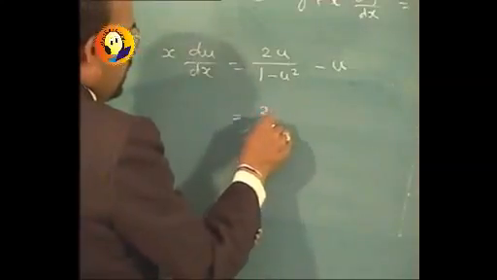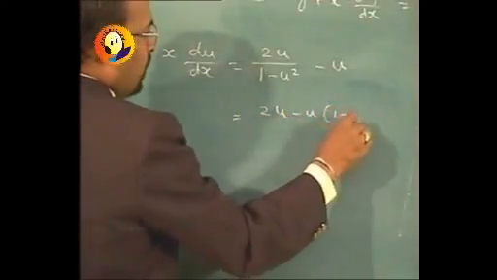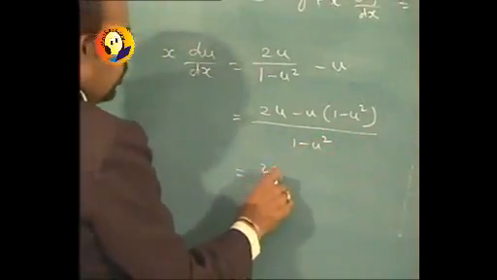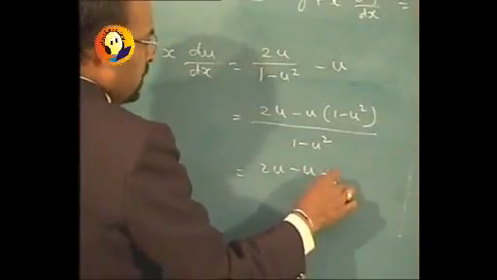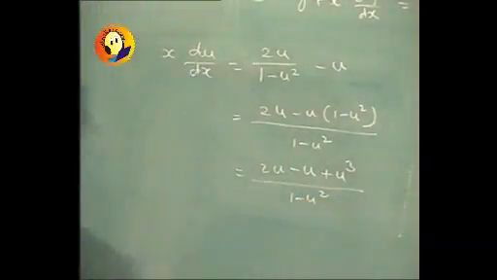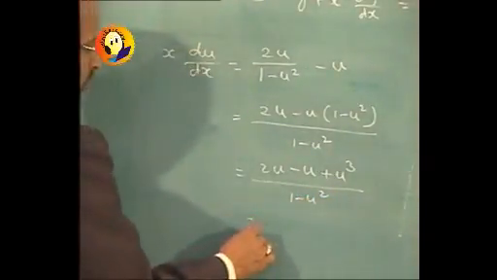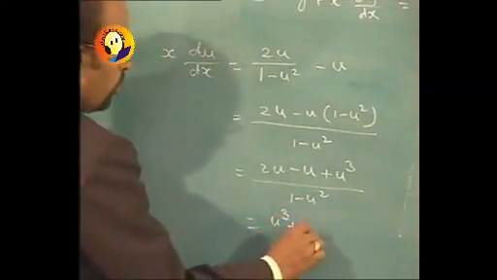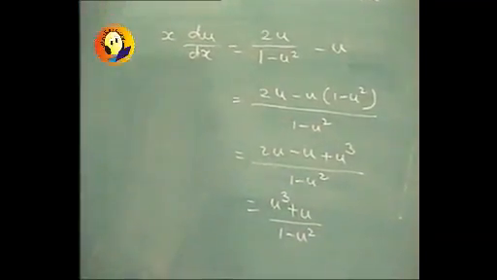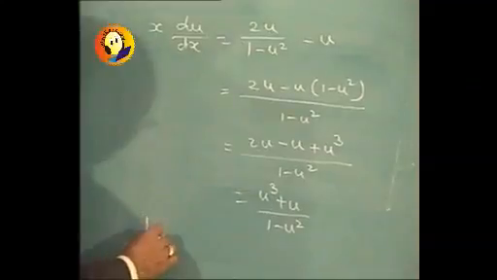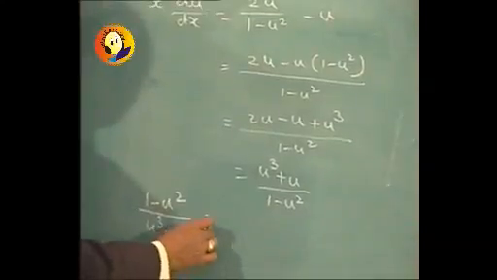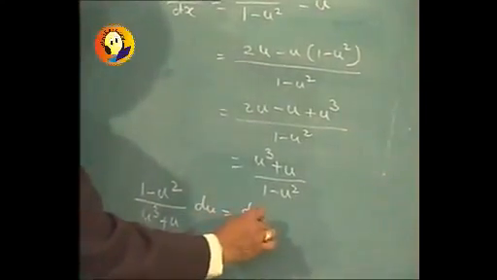Taking the LCM, it will be 2u minus u into bracket 1 minus u square upon 1 minus u square, which is 2u minus u plus u cube upon 1 minus u square. Finally, right hand side comes out to be u cube plus u upon 1 minus u square. This is in the variable separable form, so we will write it as 1 minus u square upon u cube plus u du equal to dx upon x.